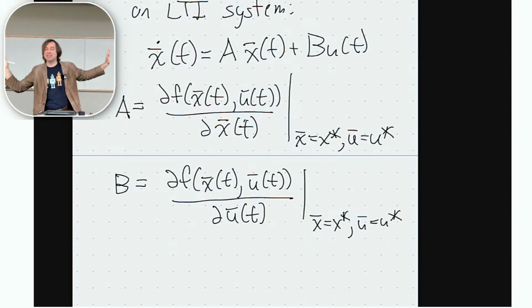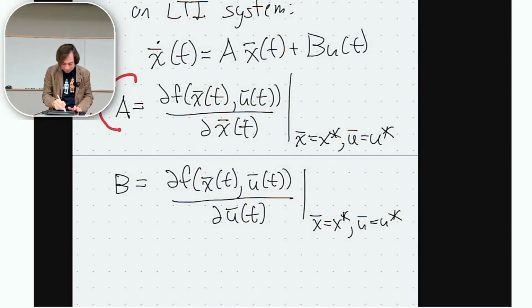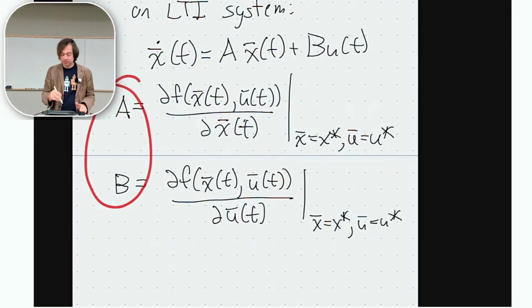So your analysis that you did with this A matrix and B matrix might be no good. It might be completely wrong. The controller that you came up with, those gains, those Ks that you used A and B to come up with, could be terrible. Right? So it depends on how good your linearization is.